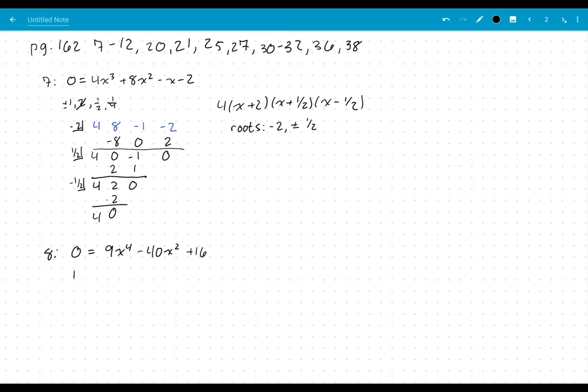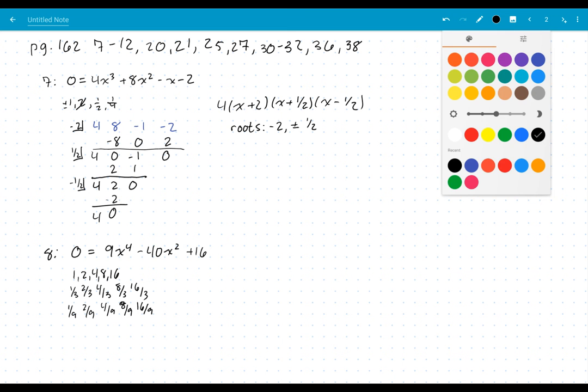So we have 1, 2, 4, 8, and 16, and then 1/3, 2/3, 4/3, 8/3, and 16/3. And then we have 1/9, 2/9, 4/9, 8/9, and 16/9.